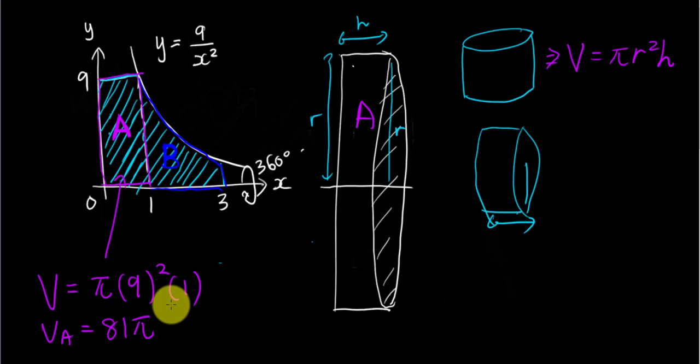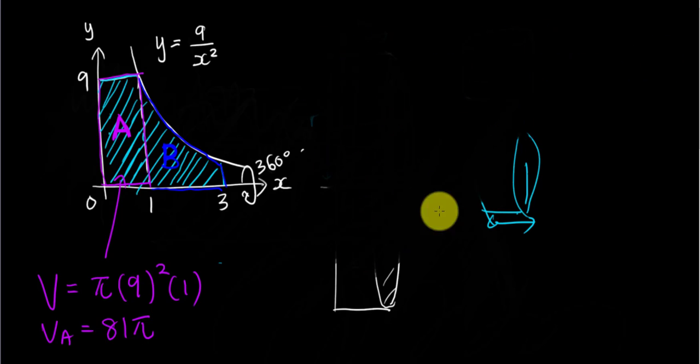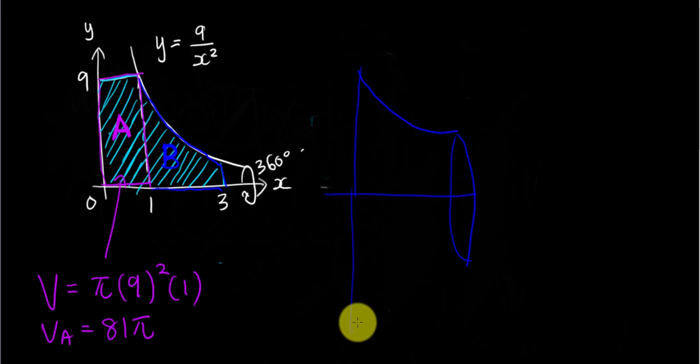For the volume of B, it should be quite easy because you already learned how to integrate a curve. If I integrate a curve here, this curve will give me something sort of mixed with a cone.